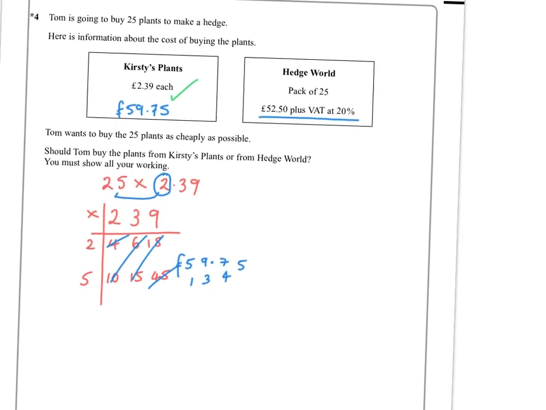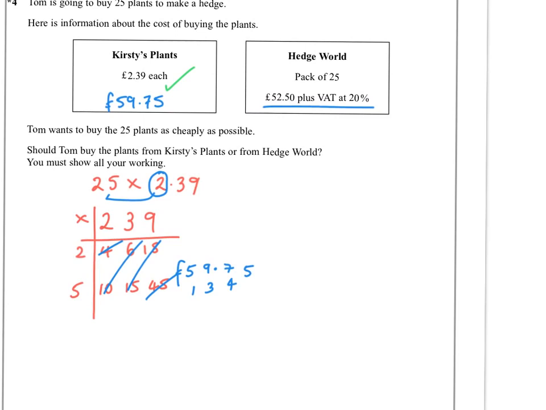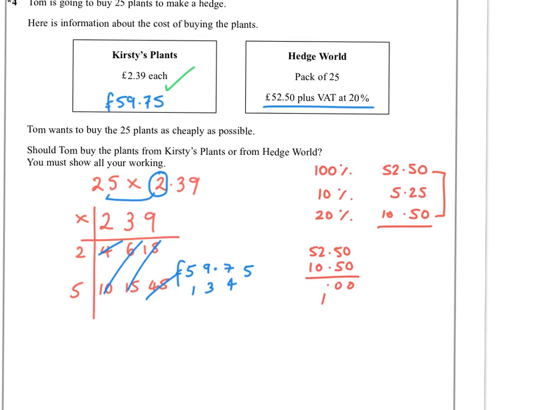Well, there's a couple of ways of looking at this one. You could firstly say that 100% is £52.50, and then 10% would be £5.25, and so 20% would be £10.50, and then you'd add that VAT on, so you'd have £52.50 and £10.50, which is £63.